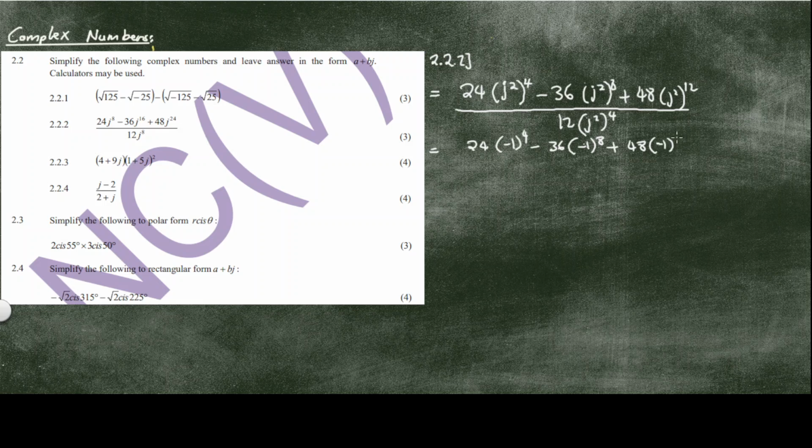It's a minus 1 raised to exponent 12 over 12 j squared. That's a minus 1 raised to exponent 4. Then we'll have to simplify this. You can punch this on the calculator and get an answer. I'm going to write it down for each term. Let's start with the first one, 24.